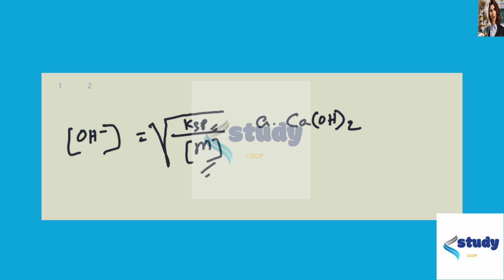So the KSP value for calcium hydroxide is 4.68 times 10 to the power minus 6.